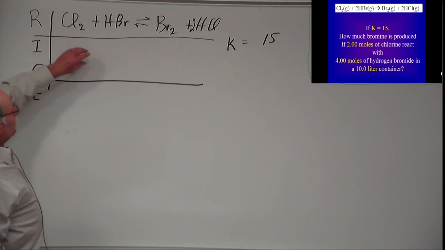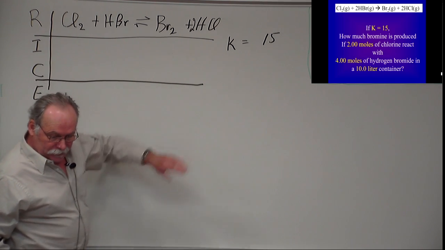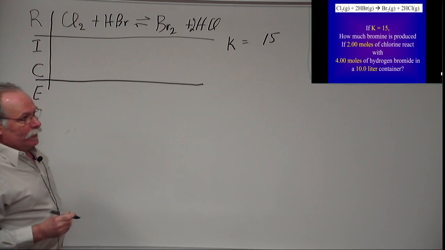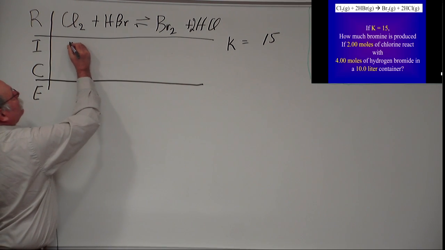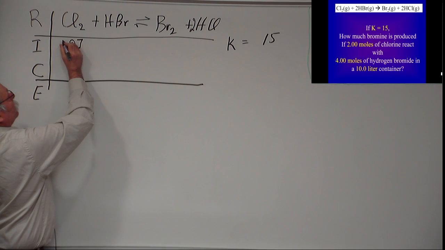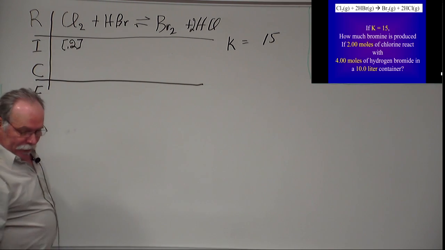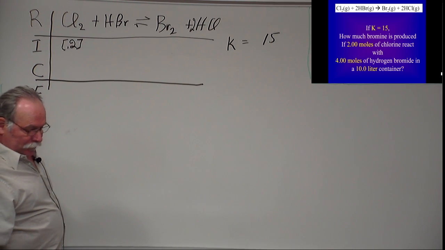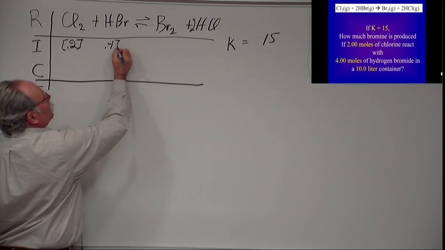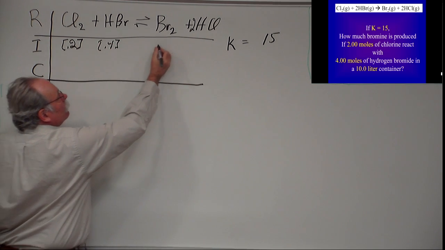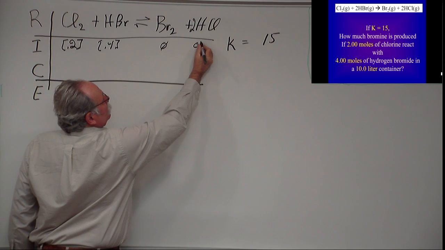So what do we have? Realize that the equilibrium constant is an expression of concentrations. If I have 2 moles in a 10-liter container, its concentration is 0.2 moles per liter, and we put that in brackets to indicate concentration. And the concentration of HBr is 0.4 moles per liter. And we're going to have none of this and none of this.